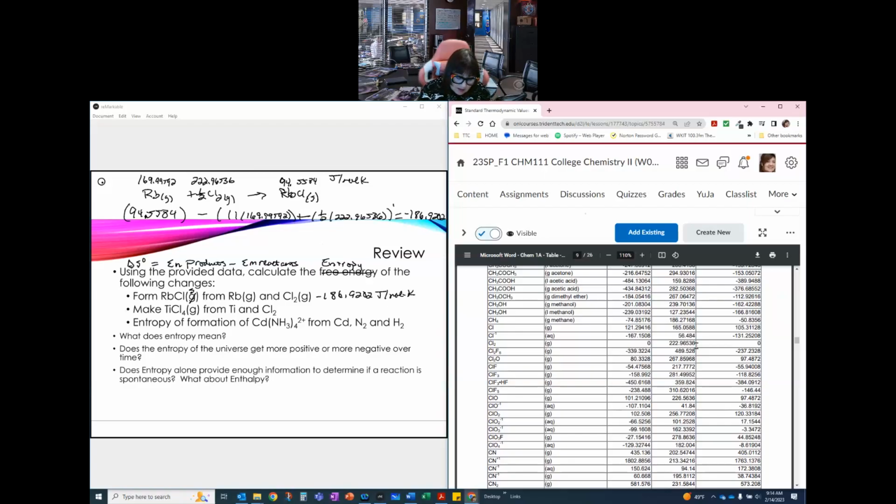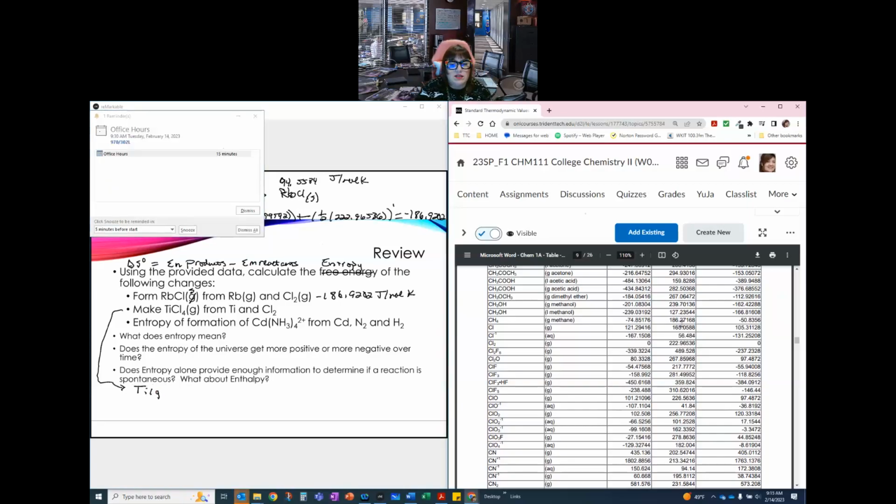Okay, make TiCl4 gas from Ti and Cl2. So here I'm going to be taking, and I'm going to move this down here. I'm going to make TiCl4 gas. And that's my product. So I'm going to take Ti.